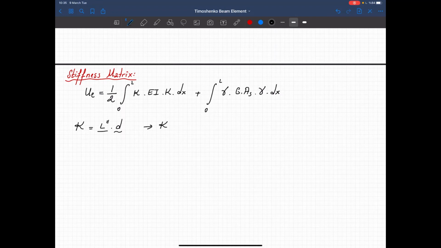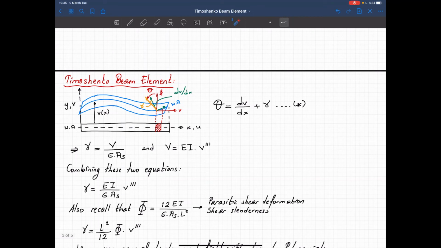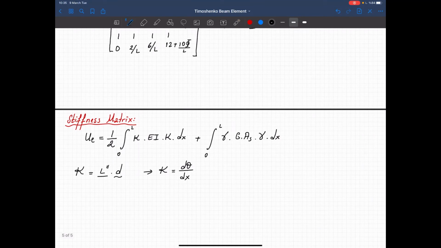We say that curvature is equal to d theta over dx, and for the d theta we can again use the following equation, and that's equal to d square v over dx squared plus d shear strain divided by dx.